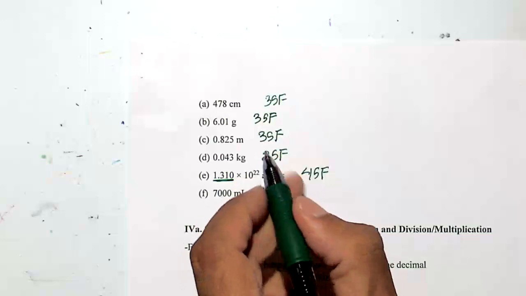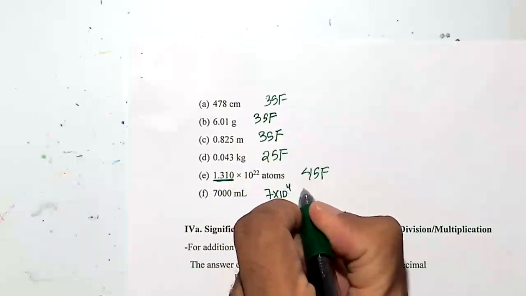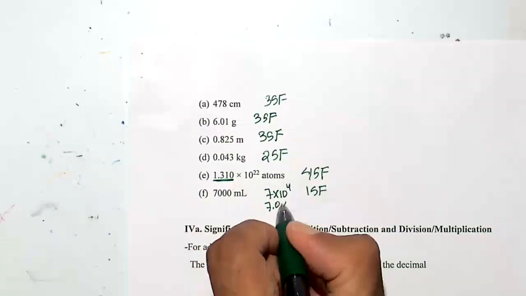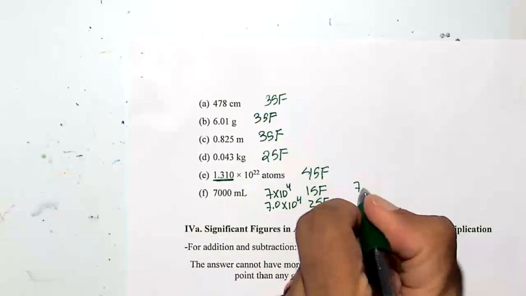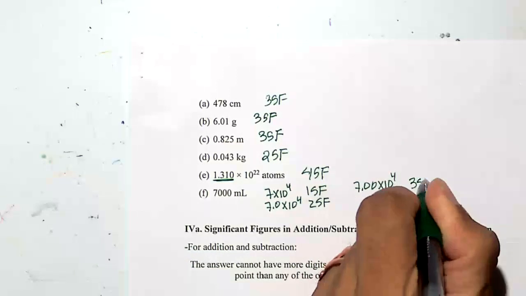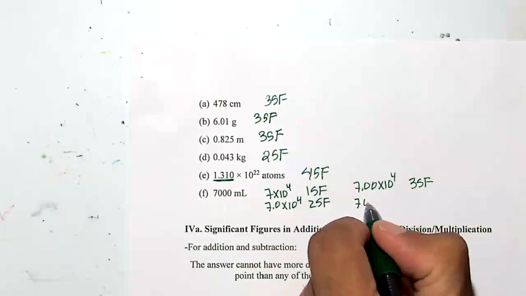If I want to report this to 1 sig fig, how can I do that? How about 2 sig figs? How about 3 sig figs? And then finally 4 sig figs.